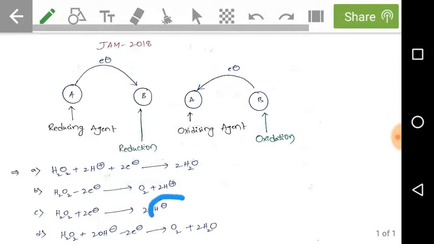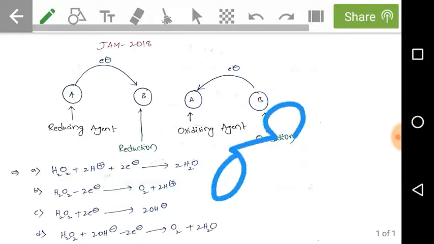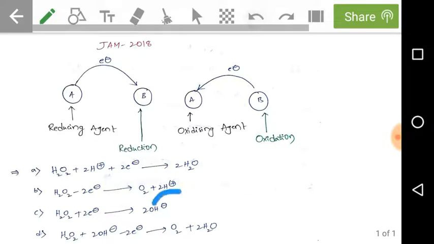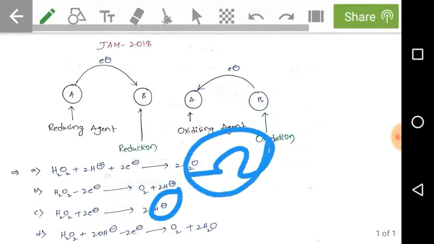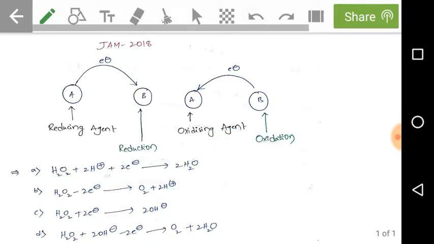The oxygen of the product OH minus bears a -2 charge: one from the negative charge and one from the OH. So the oxygen bears -2 in the product, whereas in the reactant hydrogen peroxide, each oxygen bears a -1 charge. That means it is taking electrons, and whenever it is taking electrons, we call it an oxidizing agent. So option C is also wrong, and we do not need it for the answer.